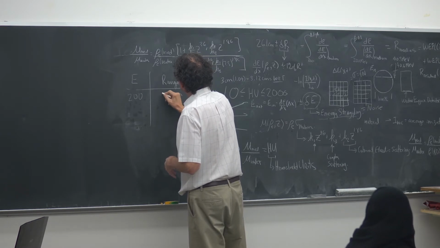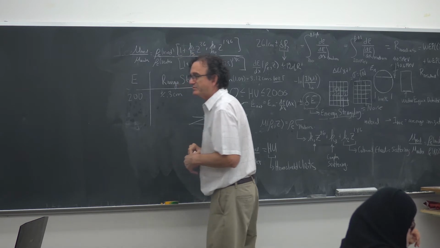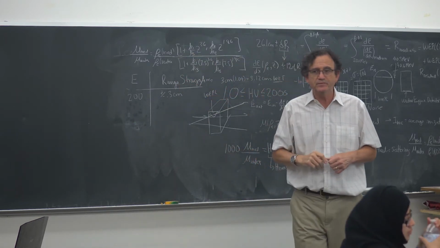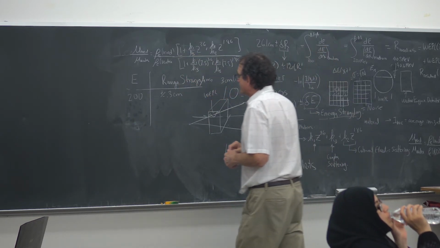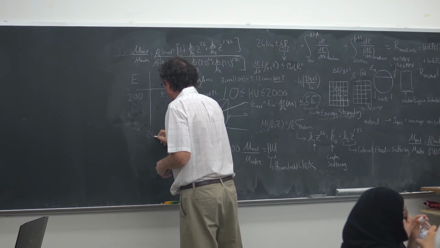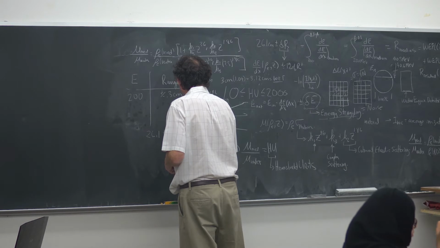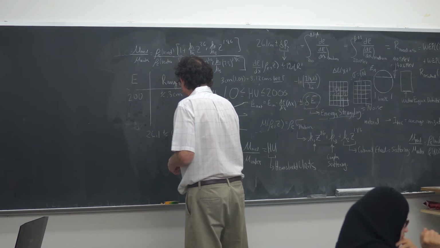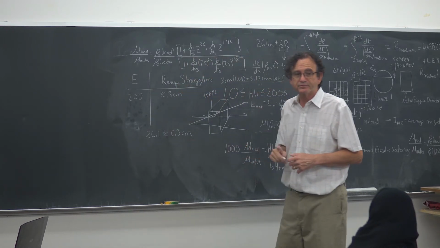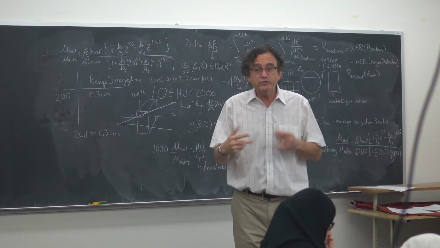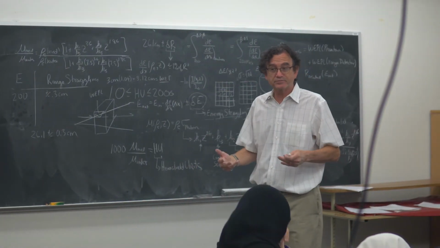So the range straggling is plus or minus 0.3 centimeters. So the range is 26.1, but it's plus or minus 0.3 centimeters. Right? That's the noise.